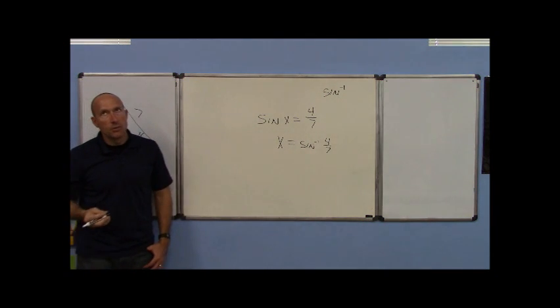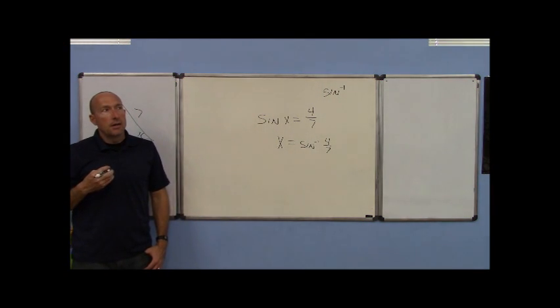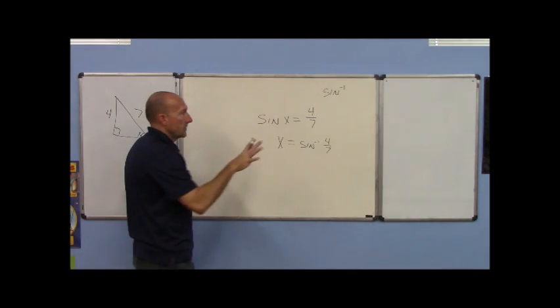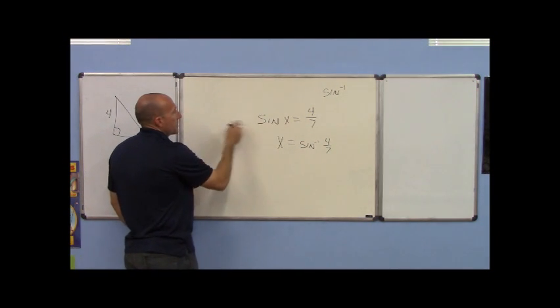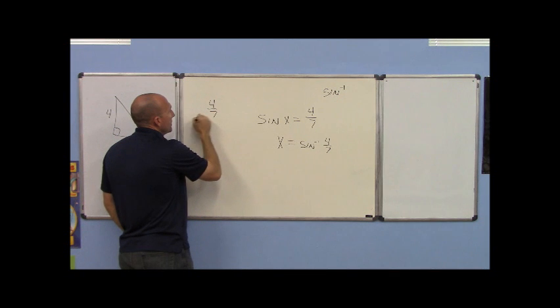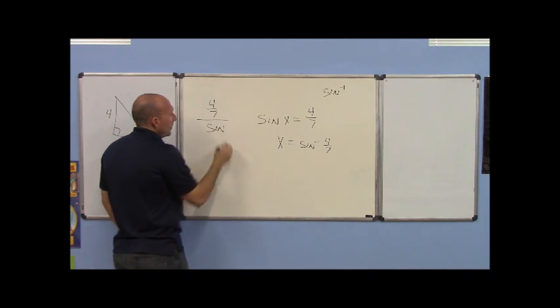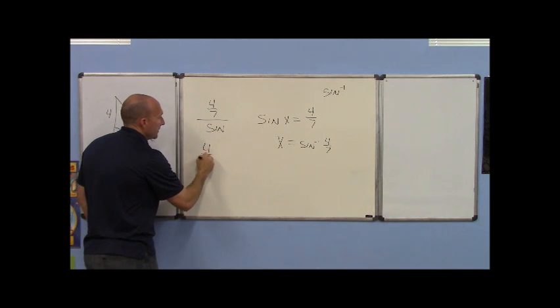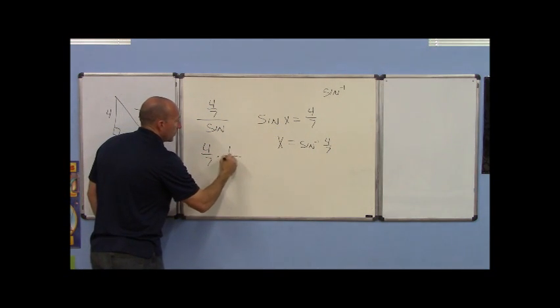Now another way to understand this, if you do the inverse operation, you can have 4/7 divided by sine. Or it's actually 4/7 times 1/sine.